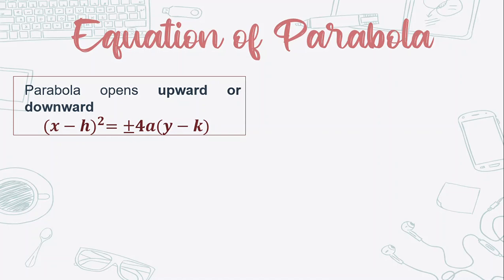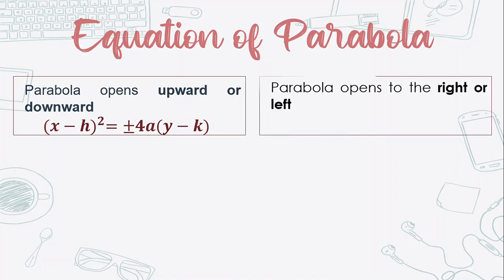Next, if our parabola opens to the right or to the left, our equation will be quantity y minus k squared is equal to positive or negative 4a times x minus h. Now, what did you notice about our equation?